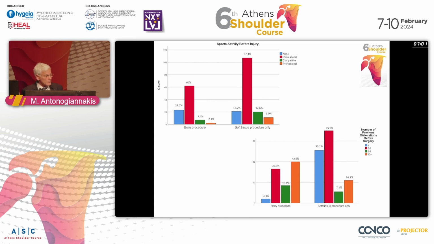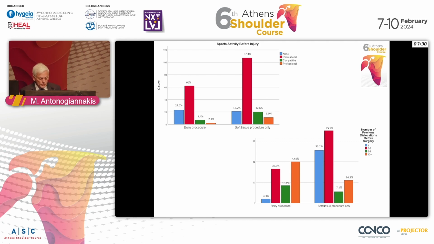I was trying to explain to myself why this happened, and it was very simple. We were operating on athletes at the first dislocation, so it was much more common to perform a soft tissue procedure than a bony procedure. We used bony procedures for more dislocations. Usually these patients had abandoned athletics due to the fact that they were dislocating the shoulder, or they had a lower athletic activity.